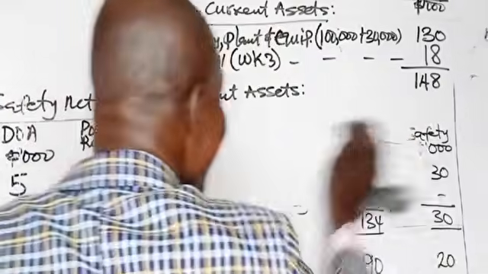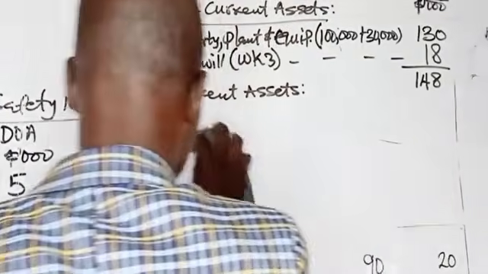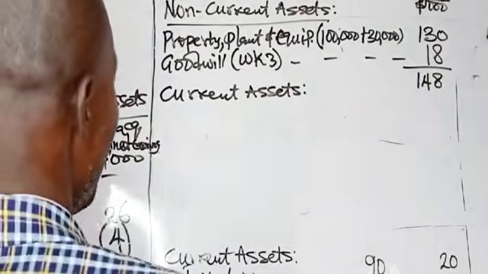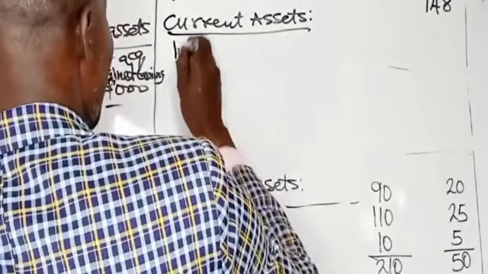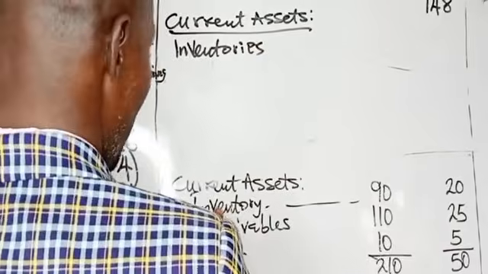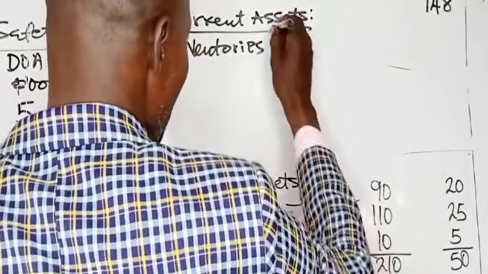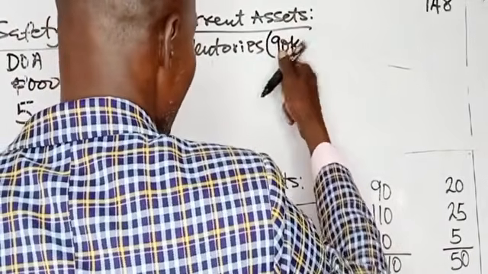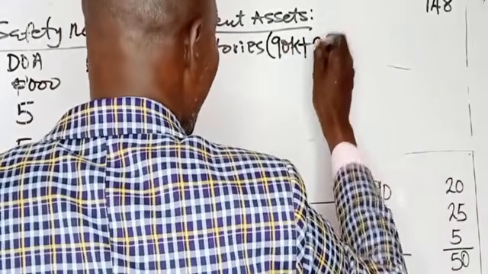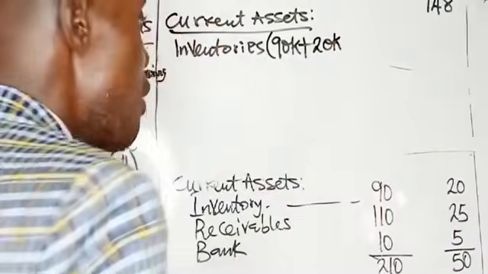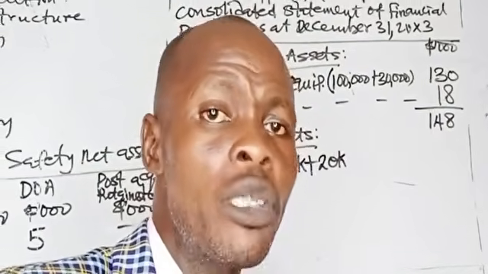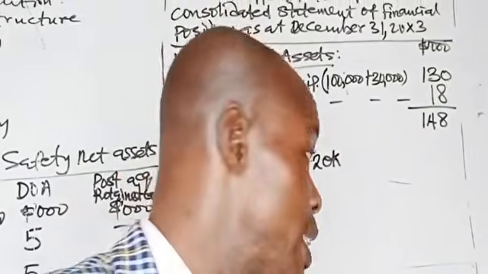Our current assets include inventories. We have 90,000 for parent, the K stands for 1,000, plus 20,000 for subsidiary. Remember, we have an unrealized profit from sale of inventory calculated earlier.